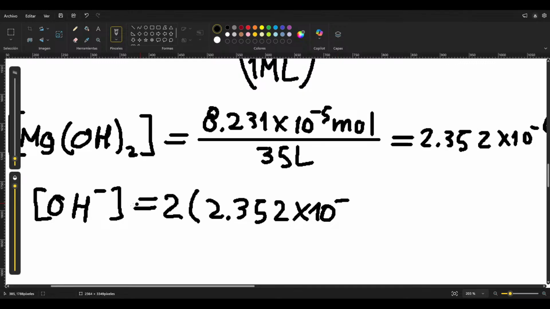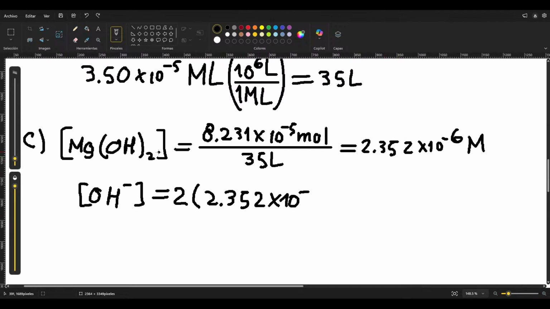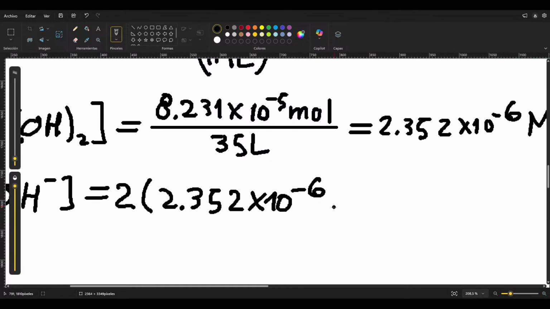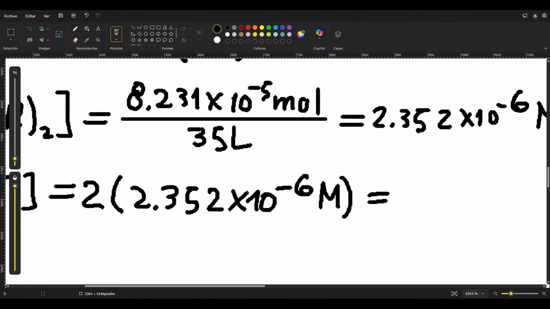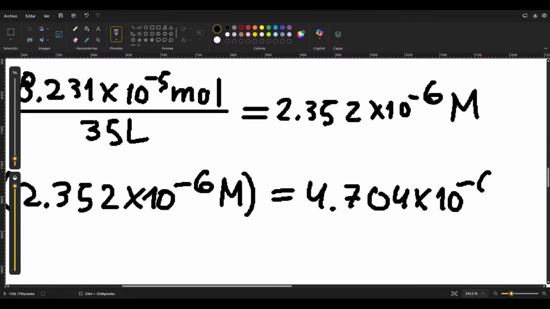In a nutshell, we multiplied this times the number of OH that is here. And this is going to give 4.704 times 10 to the minus 8.